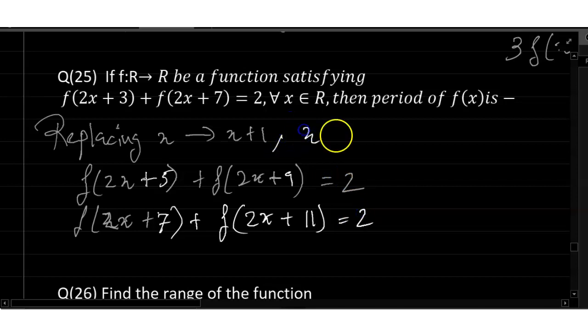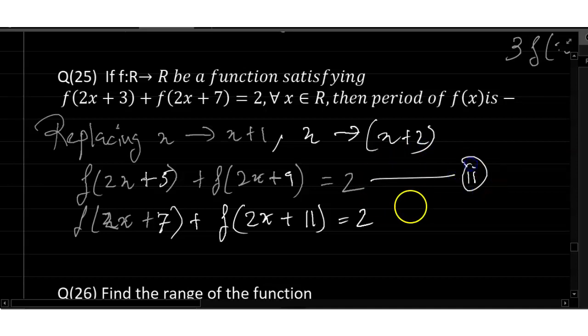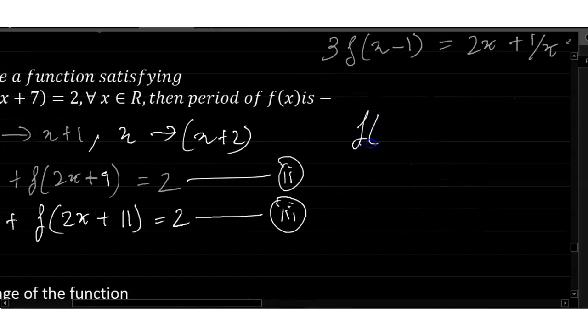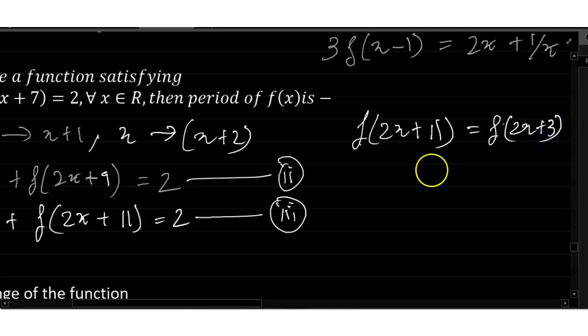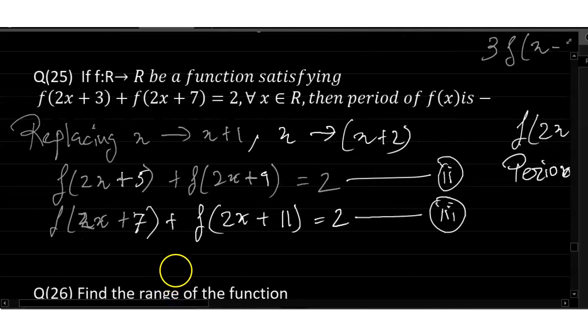Replacing x tends to x plus 2, then we get that f(2x plus 11) equals to f(2x plus 3), and so the period is 8. My period is 8.